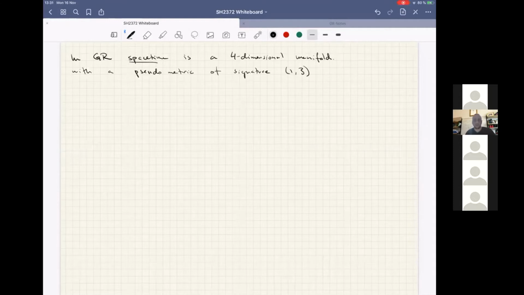So it has one positive direction and three negative directions, one time-like and three space-like directions. And we're also going to impose here the Levi-Civita connection.